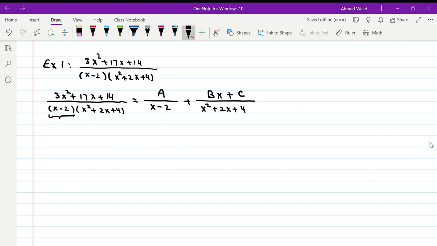The rest, step 2, 3, 4, until last step, they're all the same as case 1 and case 2. Correct?